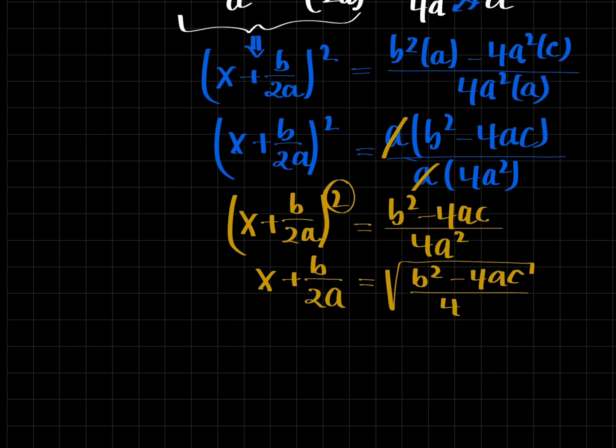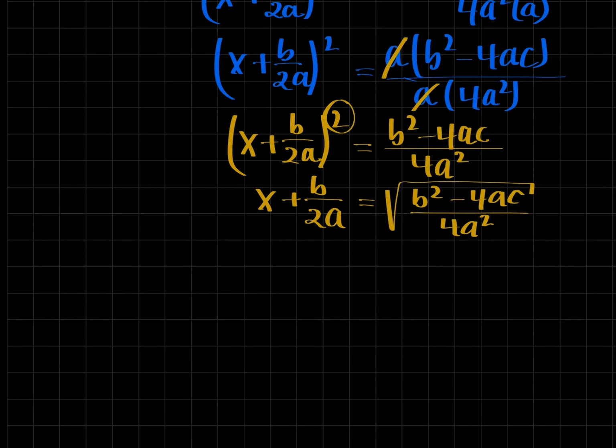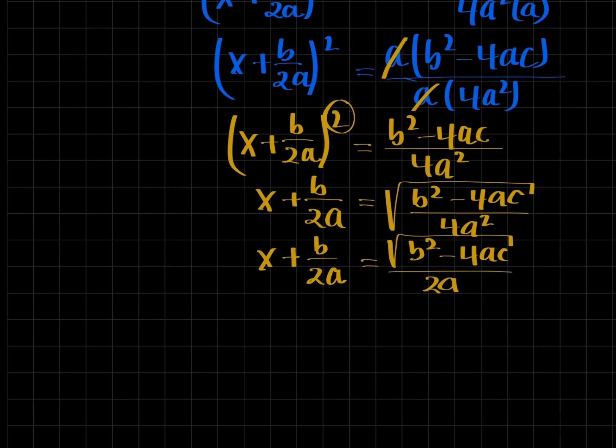Now the next step again: x plus b over 2a equals, you can see that the square root of b squared minus 4ac we cannot simplify, so we do it one by one. So it turns into the square root of b squared minus 4ac over 2a, because the square root of 4a squared equals 2a. Now we have that equation so far.